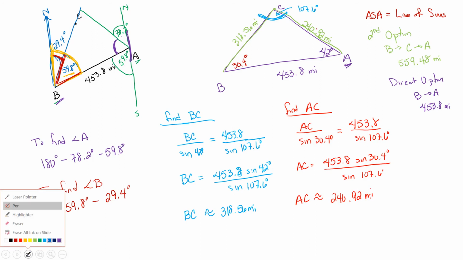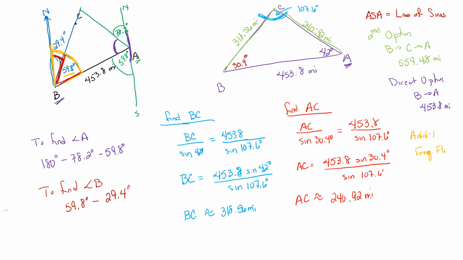Okay, so if he wanted more frequent flyer miles, what would you have to do to figure out how many frequent flyer miles this guy's going to get? Additional frequent flyer miles.